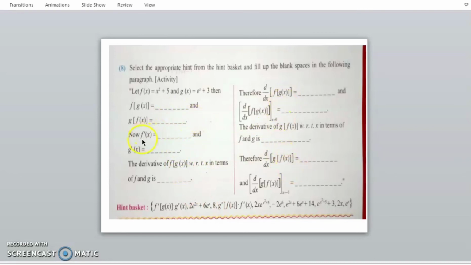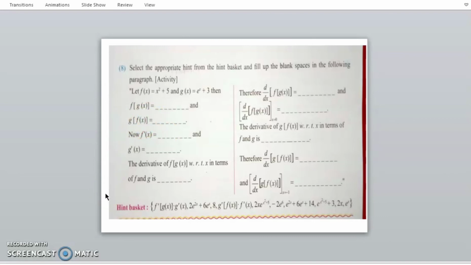For example, f dash x has to be equal to, now what is your fx? fx is x square plus 5. So f dash x is going to be 2x plus 0, that means 2x. So that is that 2x there. You can use this option 2x and put it here. Like that you can fill up these blanks and complete this activity at home.